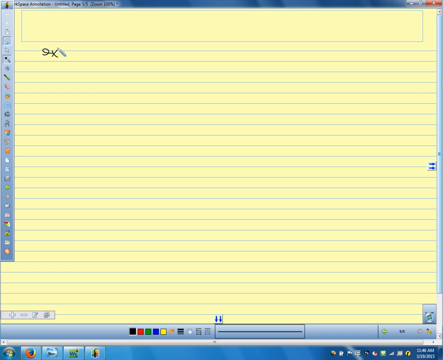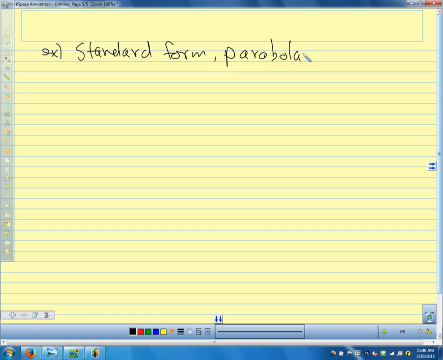All right, another example. We want the standard form of the parabola with vertex 0, 0 and focus at 0, -2.